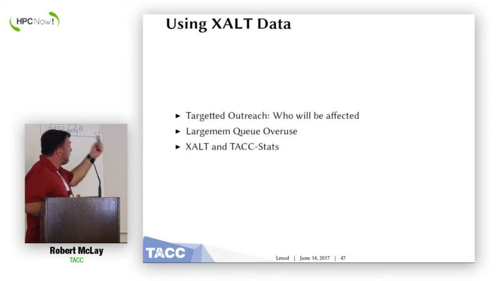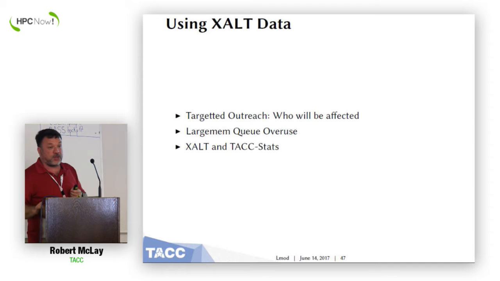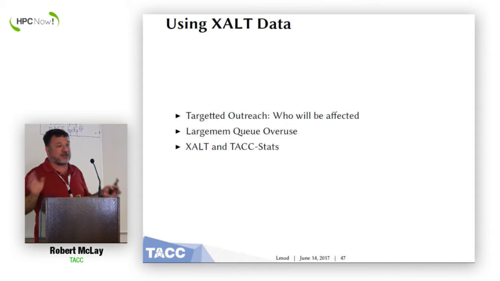What else? Oh yes, targeted outreach. One of the problems we had was the large mem queue. Our director was looking at the length of time in the large mem queue while he was waiting at airports, to try and cut down this size. So we had a crisis on our hands, because if the director's concerned about it, everybody has to hop to it.